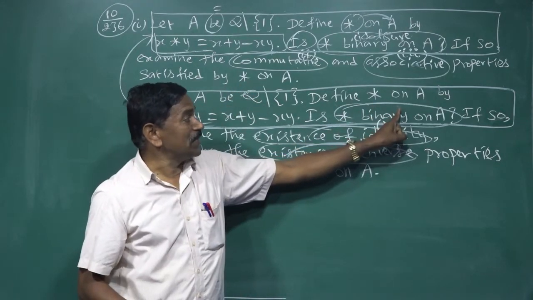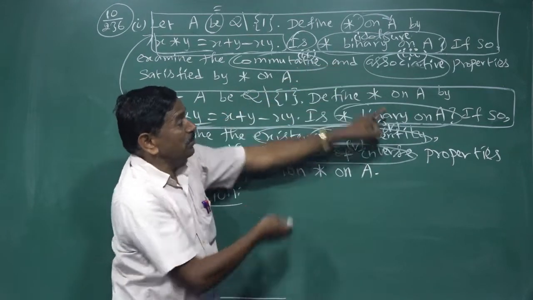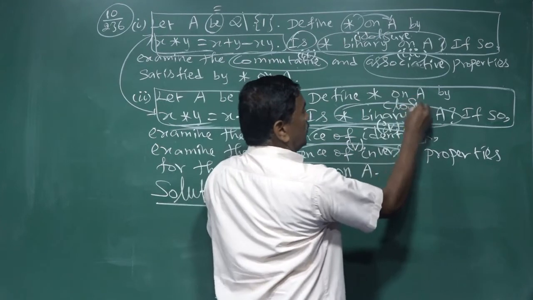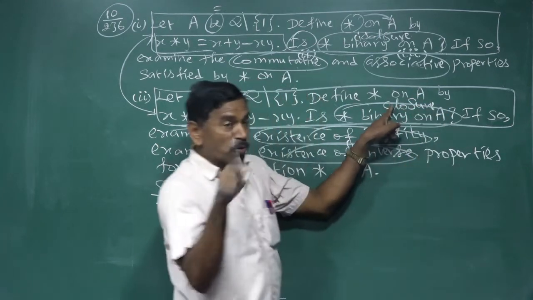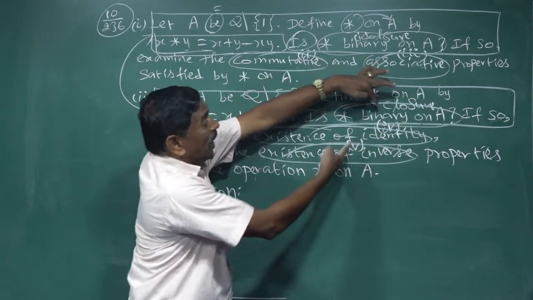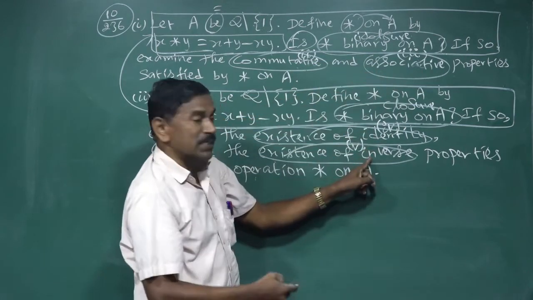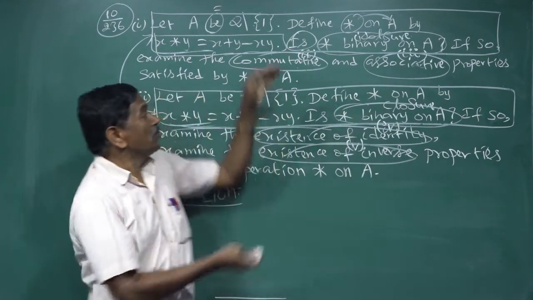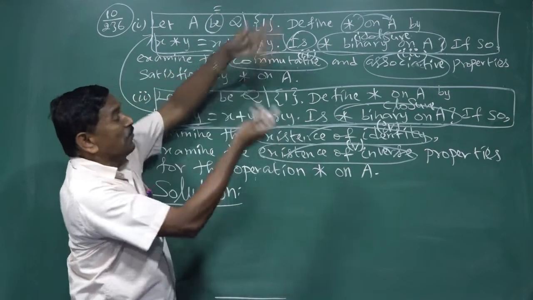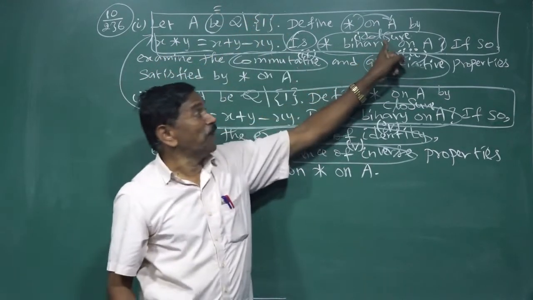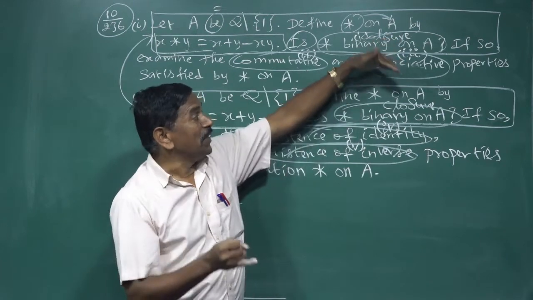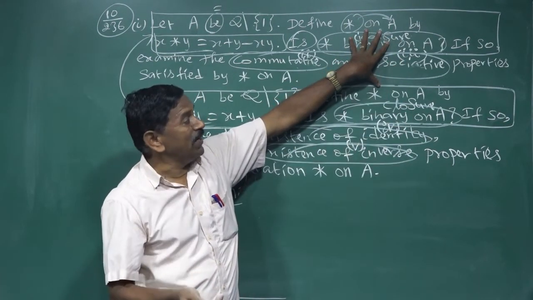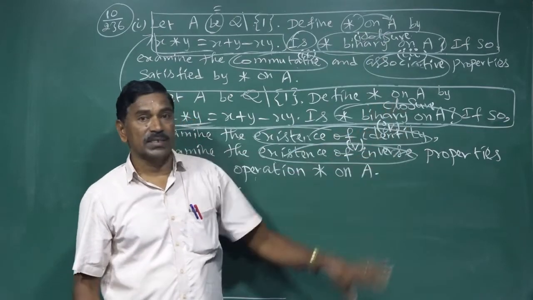Because if the second part alone is a 3 mark question, first you want to find the closure axiom, one answer, then identity axiom second answer, inverse axiom third answer. So according to the question you want to answer. If both parts are in a 5 mark question, it is enough to find the closure axiom one time. But for a separate 3 mark question, for the first part 3 answers, for the second part 3 answers.